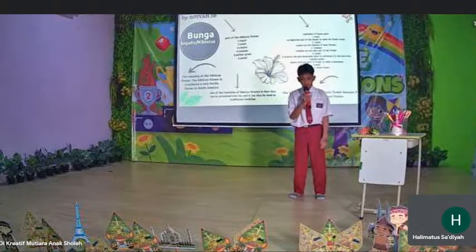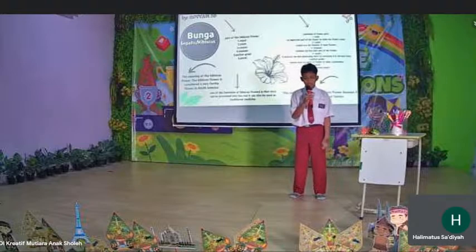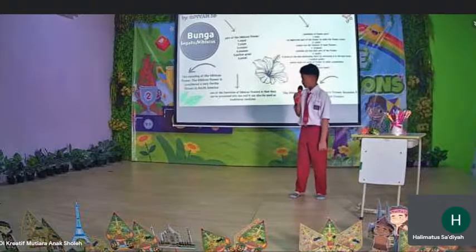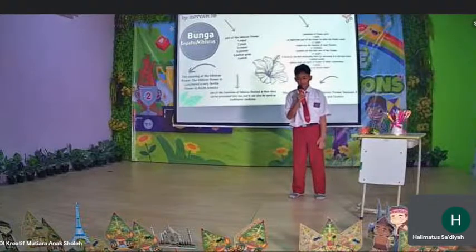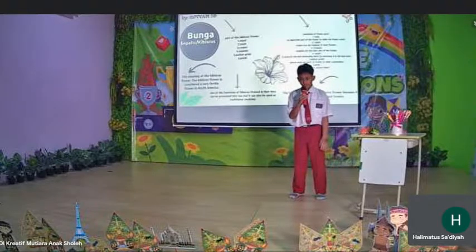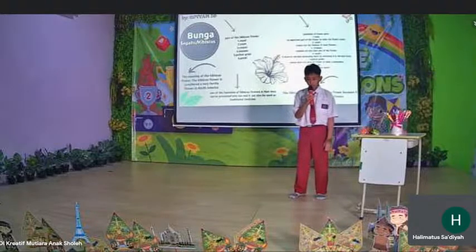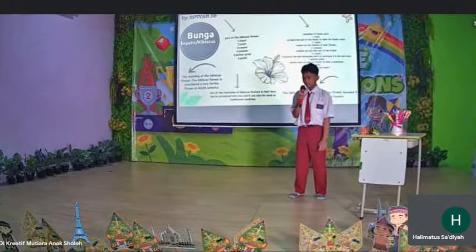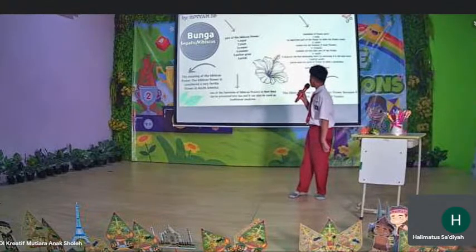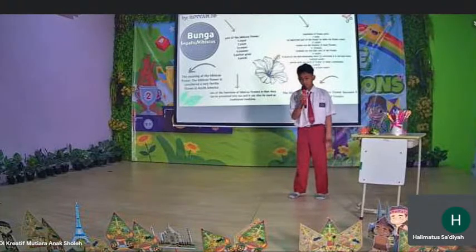And the last, I want to tell you about the definitions of the parts of the flower. The first is stem. Stem is an important part of the flower that makes the flower stand. The second is carpel. Carpel is the female part of the flower.